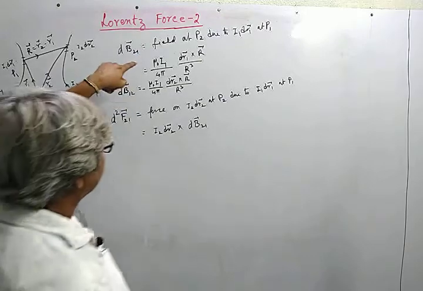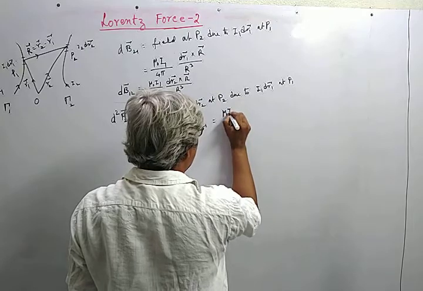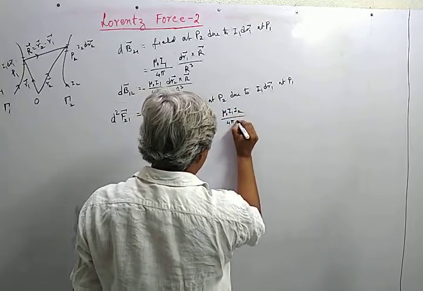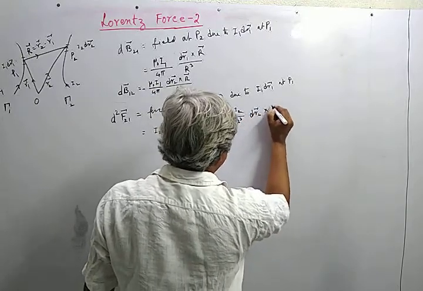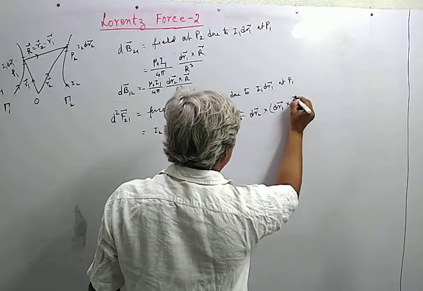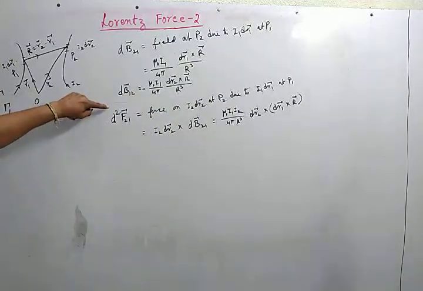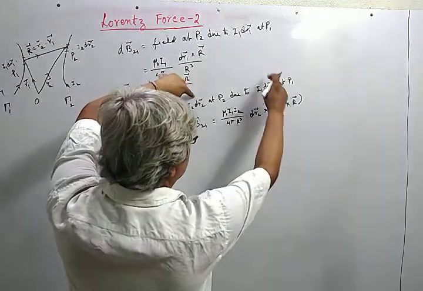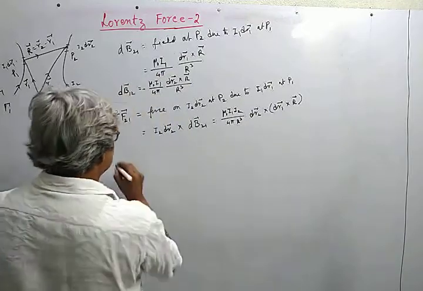So this will be mu 0 I1 I2 upon 4 pi R cube dR2 cross dR1 cross R. And this is a double differential, because it involves two differentials or two elementary quantities.